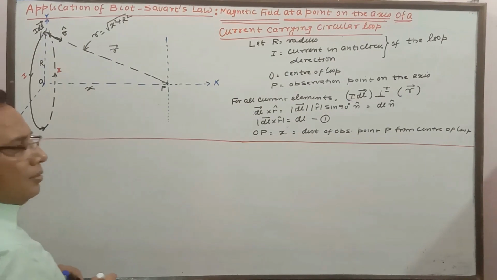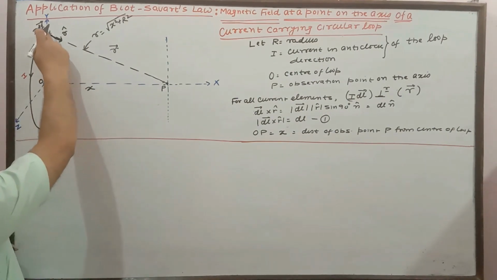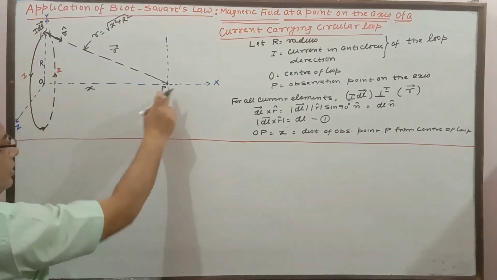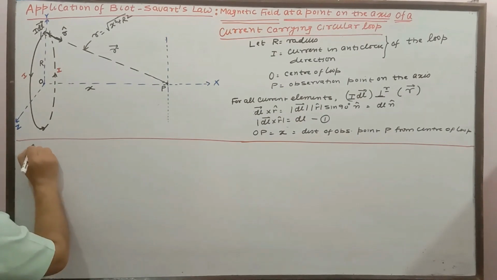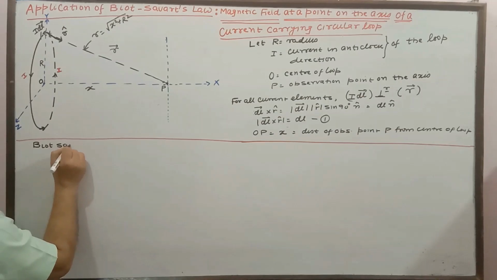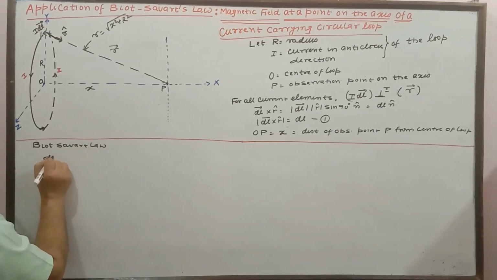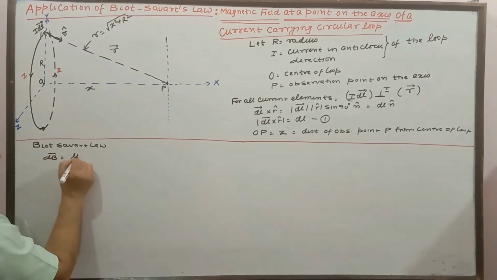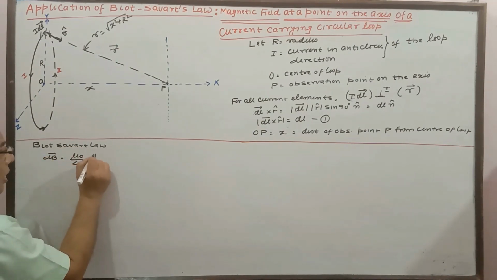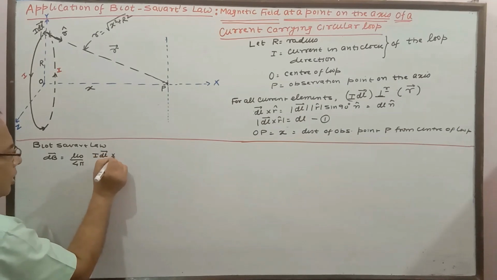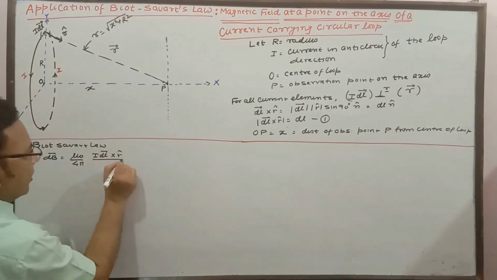To find the magnetic field due to this current element I dl at this point, as per Biot-Savart law, dB is equal to mu naught upon 4 pi, I dl cross r divided by r squared.